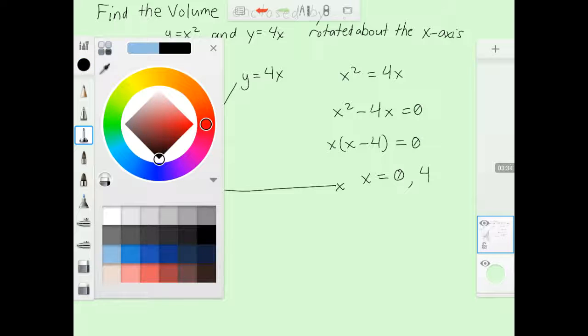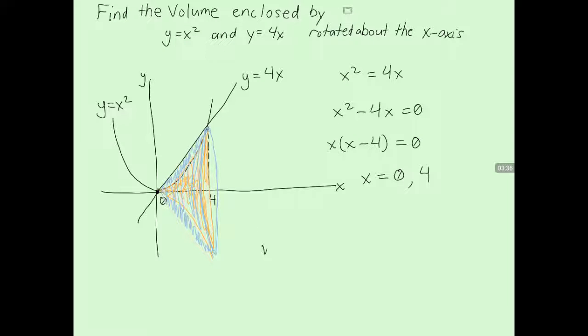So let's set up our equation. So we're going to start off with the pi, and going between 0 and 4, because those are our limits of integration. And we're going to have the volume obtained by rotating 4x around the x-axis.